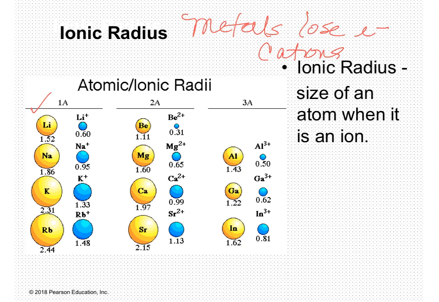So what happens to the size of an atom when it becomes a charged particle, an ion? It depends whether it's becoming a cation or an anion. So again, metals tend to lose electrons to become cations, and they always get smaller, okay, always. So a cation is always smaller than the neutral atom it comes from.